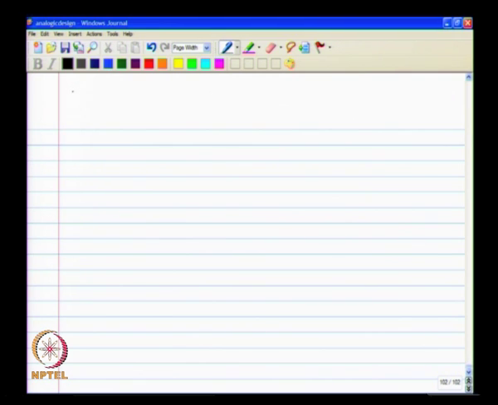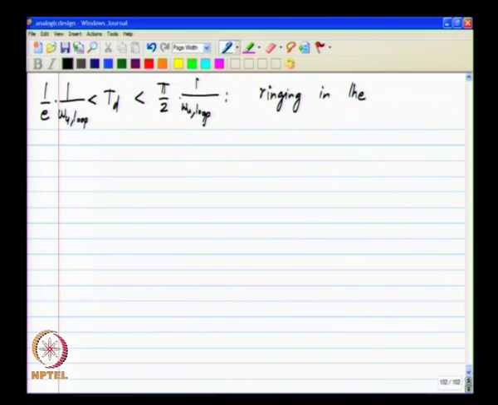Now, when Td is between 1 by e times 1 over omega u loop and pi by 2 times 1 by omega u loop, what happens is there is ringing in the step response, but the ringing eventually dies out.